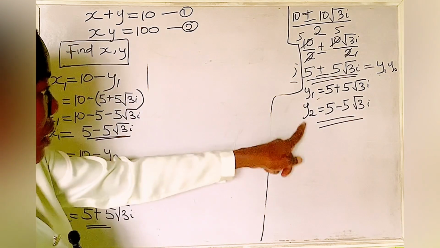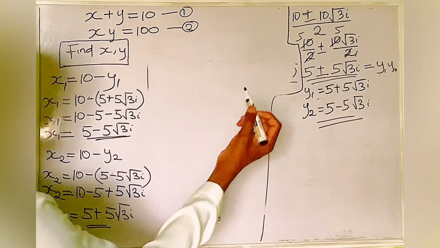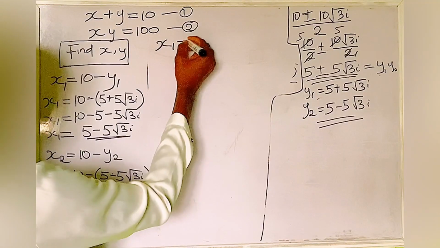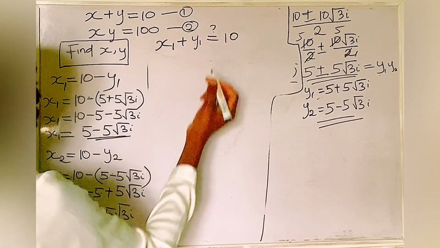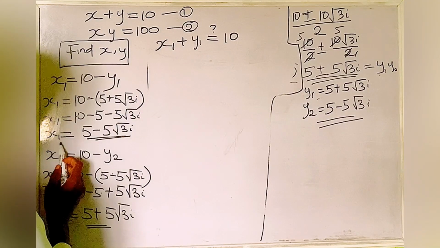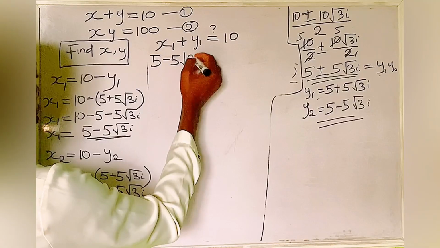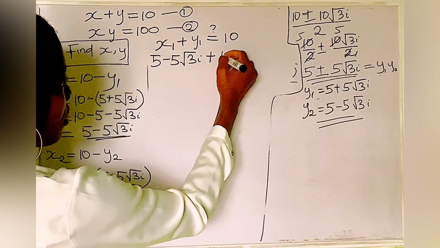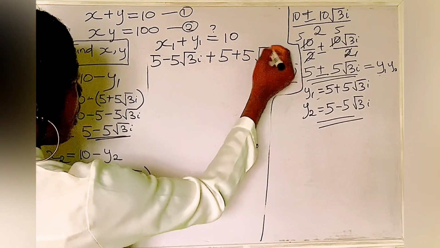We have x1, y1 and x2, y2. So let's verify with x1, y1. We have x1 plus y1 is equal to 10. Let's see if this is going to give us 10. Our x1 is 5 minus 5 root 3i, plus our y1, which is 5 plus 5 root 3i.